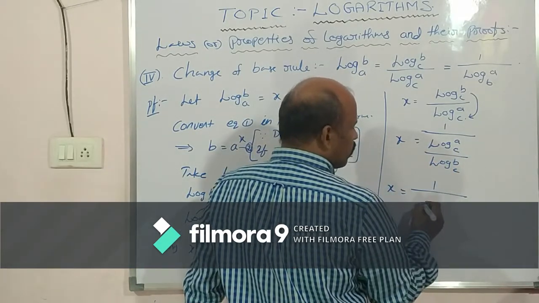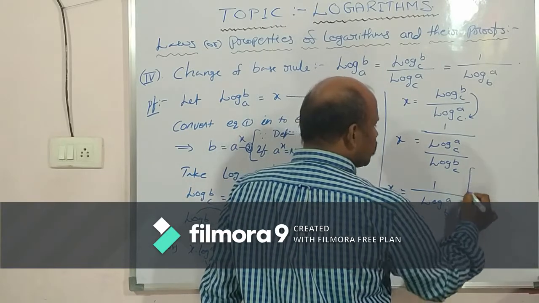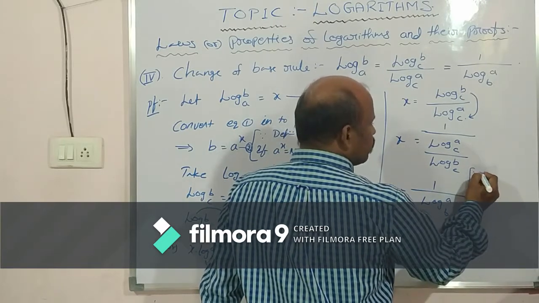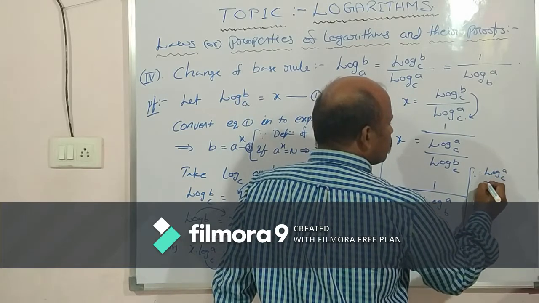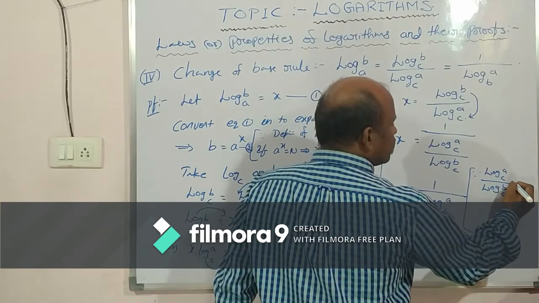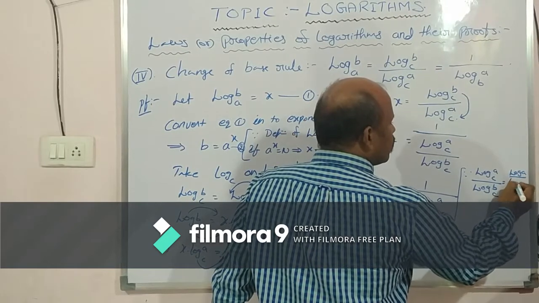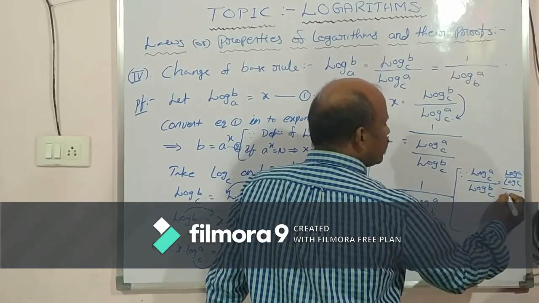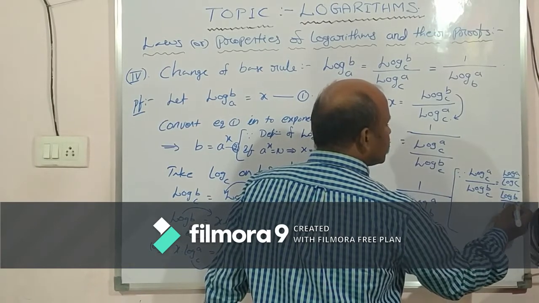I am going to write it in the form of log a base b. How can we write this? We can write log a base c by log b base c is equal to log a by log c divided by log b by log c.